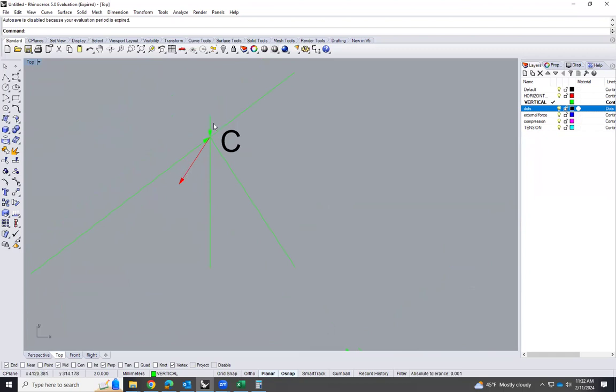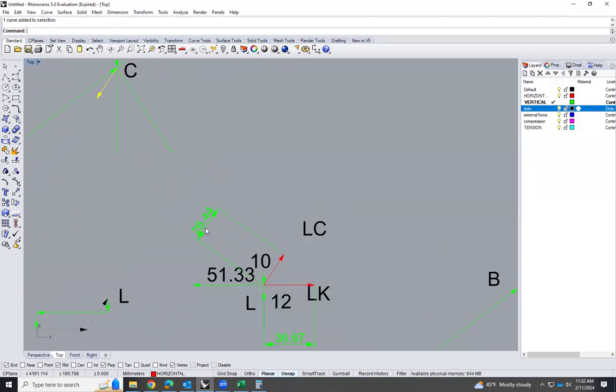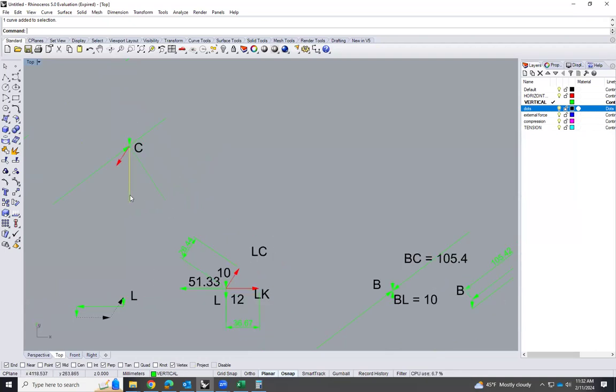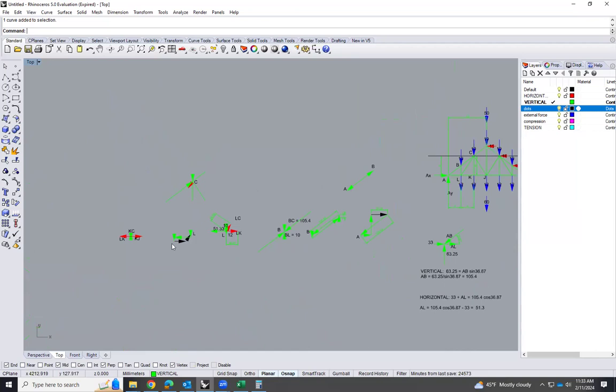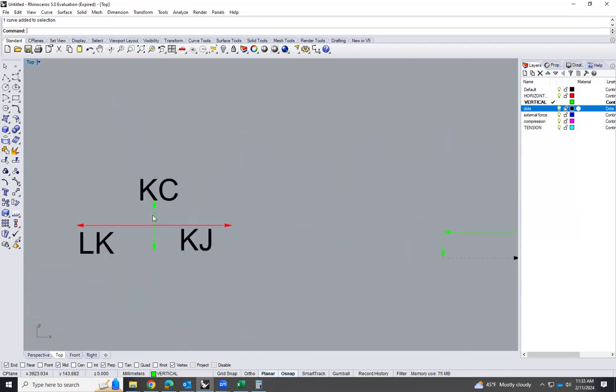Okay, so now we have the right dimension. This is 10, this is 105 point something. This is LC, it's 26.44. Now we have this one, KC. KC was 12.